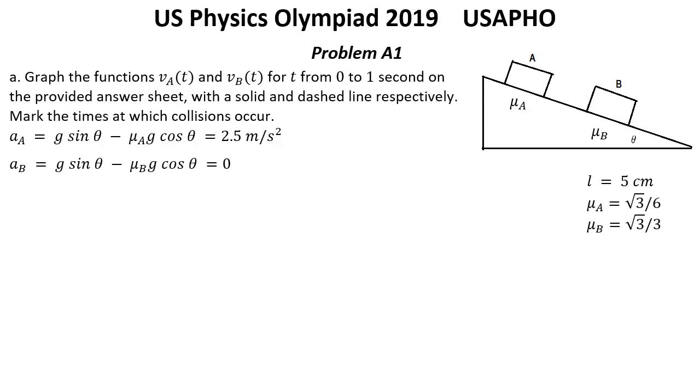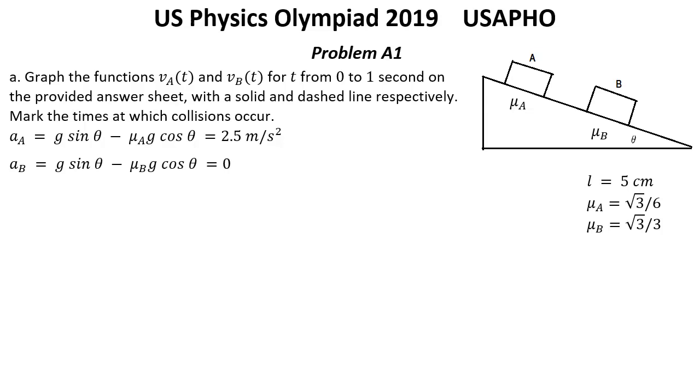When the blocks collide, the total momentum of the system is conserved, and because MA equal MB, the blocks just exchange velocities, and thus B slides down with a constant velocity, and after momentarily stopping, A will again accelerate down the incline and catch up with B, and another collision occurs.